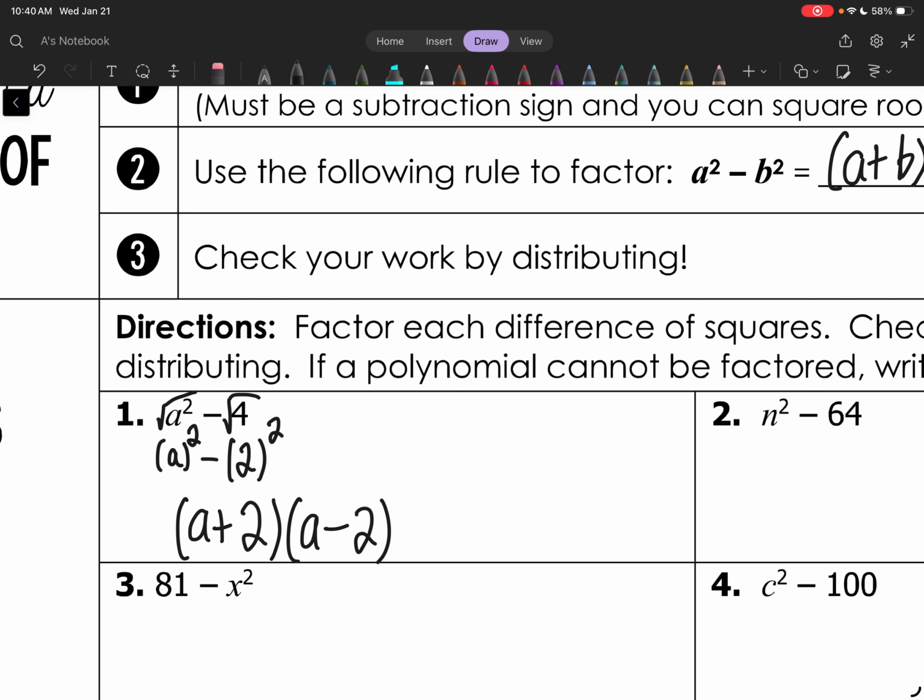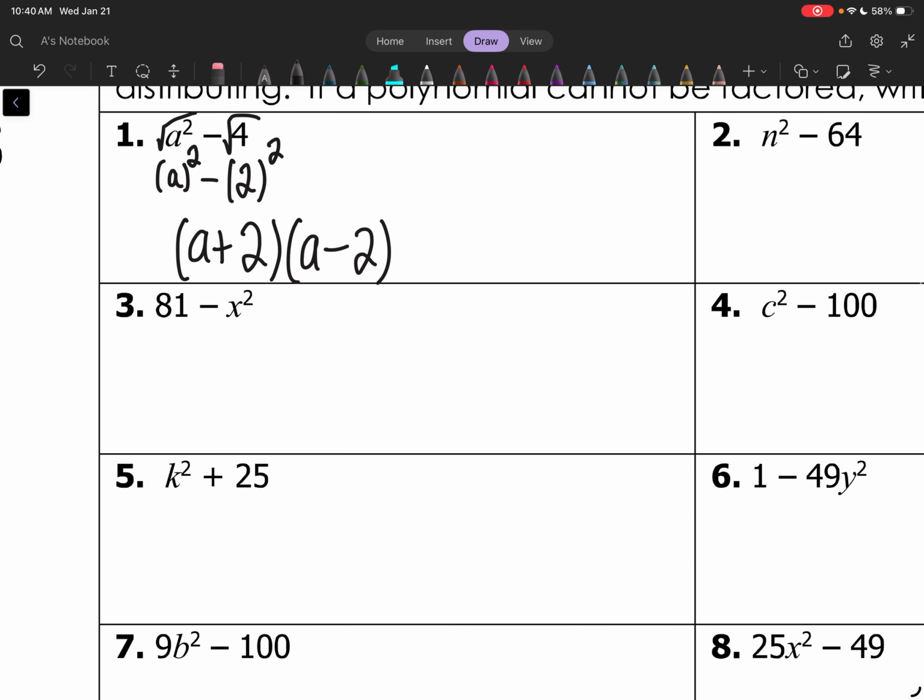Completely finished, I can do nothing else. Let's look at number 3. 81 minus x squared. All right, the square root of 81 is 9. The square root of x squared is x. 9 plus x, 9 minus x.